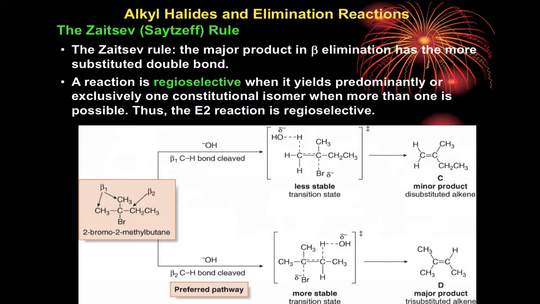Whereas for beta 2, there's only 2 hydrogens. So that's a 3-to-1 ratio. You would expect, just based on statistics, that this would be the major product. But it's not statistics, okay? It's all about product stability and the transition state energy, or the energy of activation. And so this ends up being the major product.